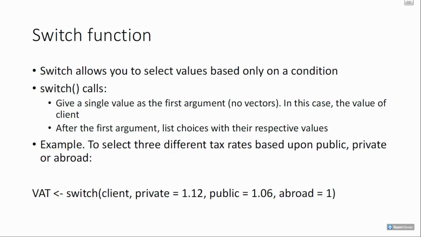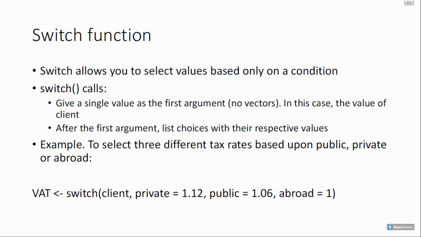And if you remember the last class, we went through ifelse as a continuous ifelse function. So for values which are vectors, for vectorized operations, you can use the ifelse condition. And similarly, there is another conditional function called switch.